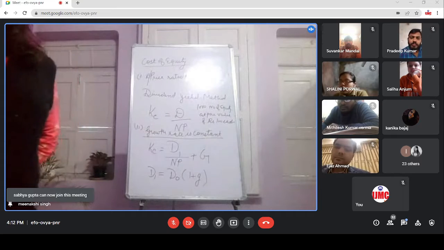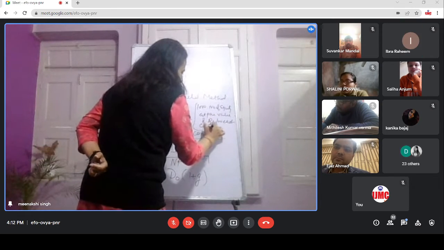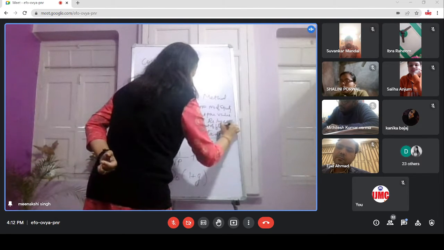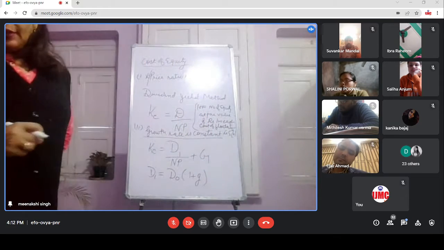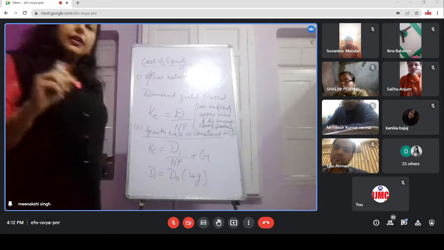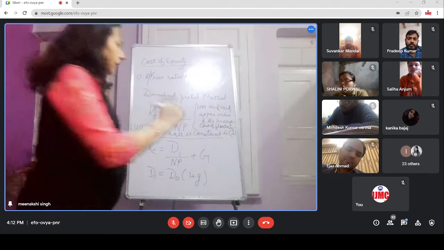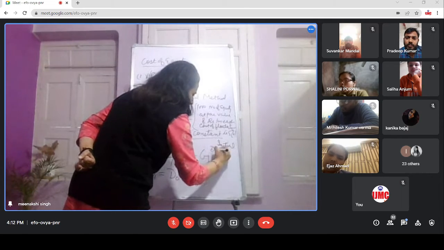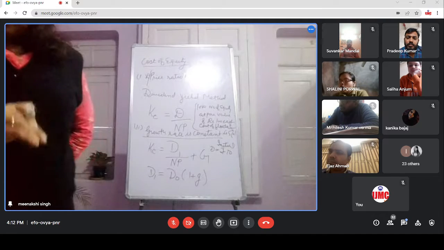The cost of flotation is 5% of the share price, and the company in the initial stages is paying a dividend of rupees 10 per share. The initial dividend is rupees 10 per share, whatever we are issuing at this point.